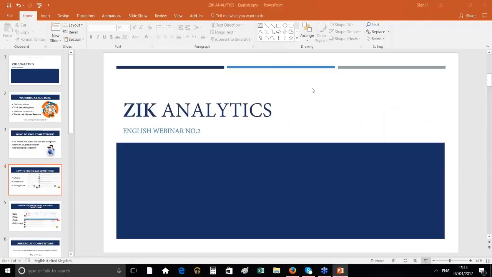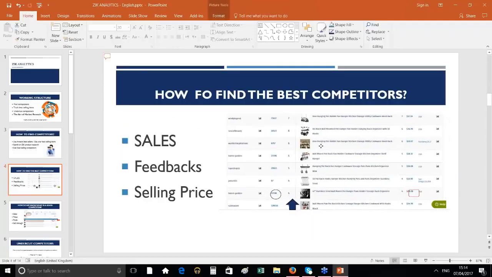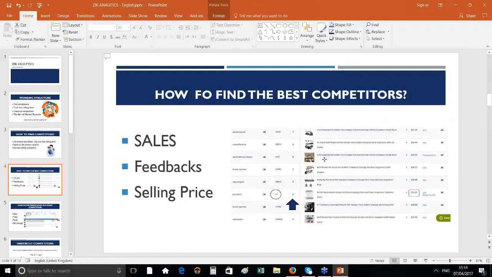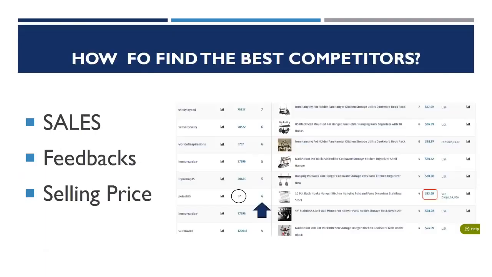Why? Let me just fix it here because I think it just moved a little bit. Okay, perfect. Because if I'm asking you, a seller with 75,000 feedbacks that sold 7 times this product, okay, for $37. First of all, this seller is very strong.